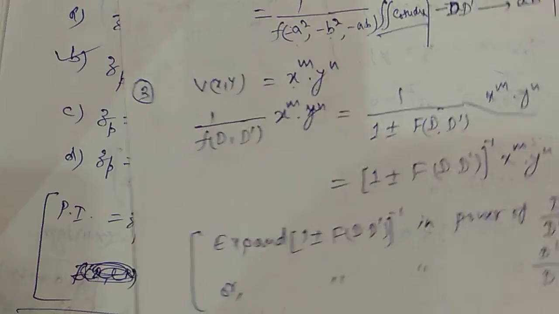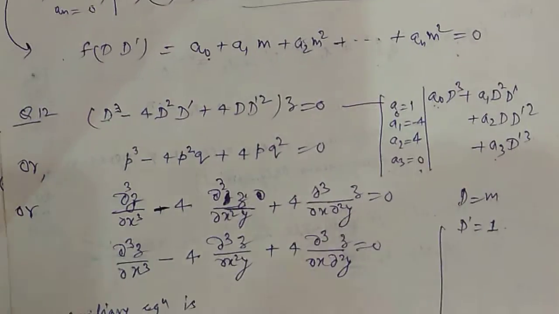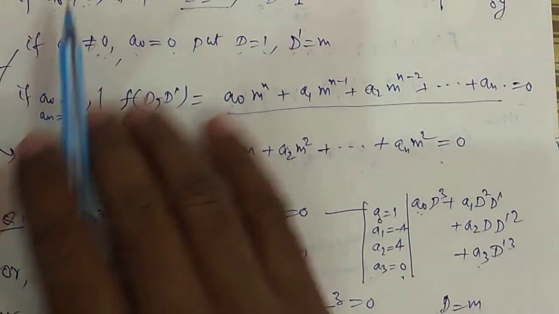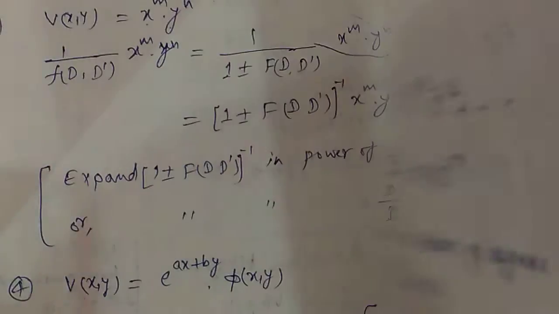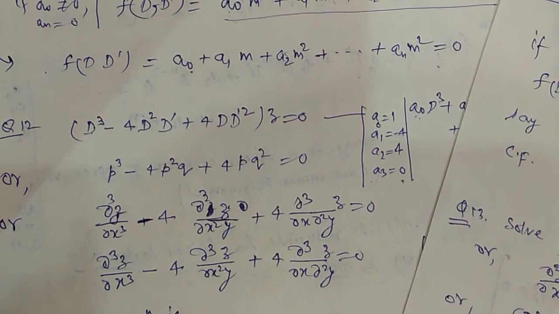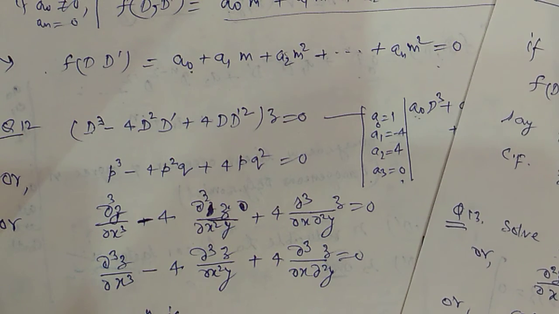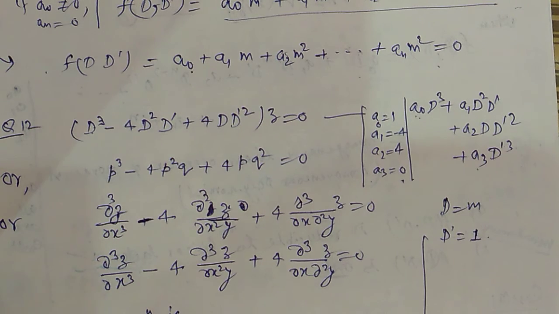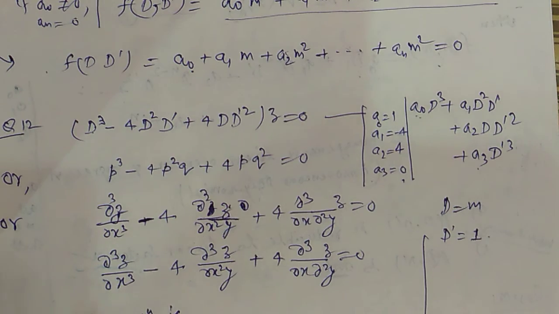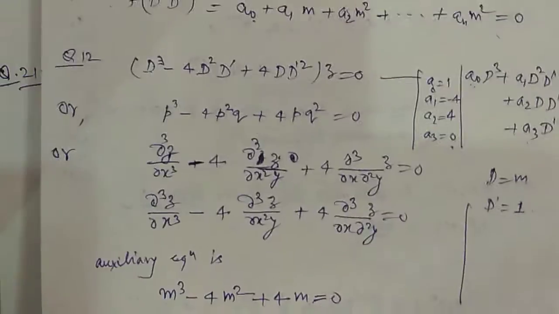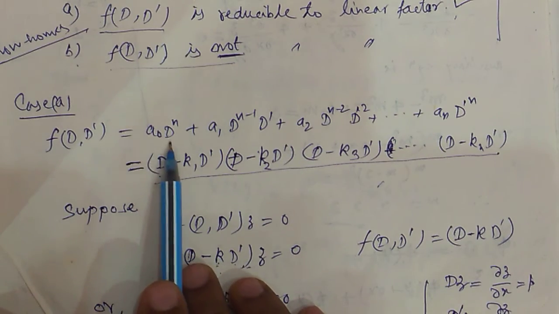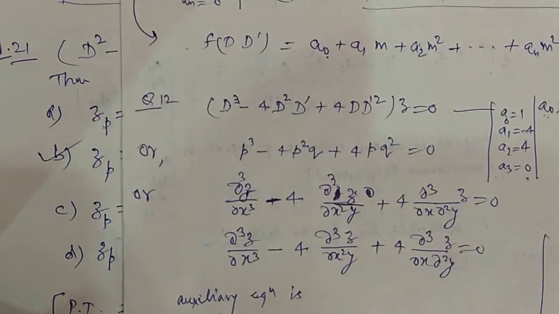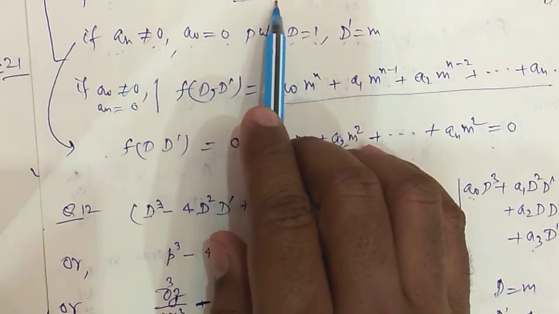Now, to get the auxiliary equation: if the polynomial is of degree n and a0 is non-zero, that is, the constant a0 is not 0, then we put D equal to m and D dash equal to 1.